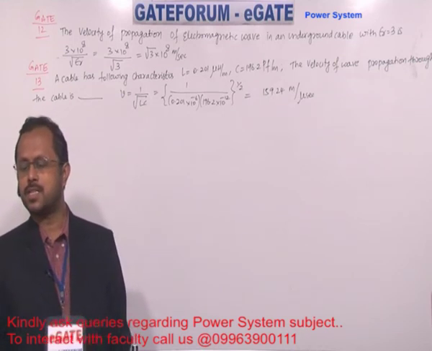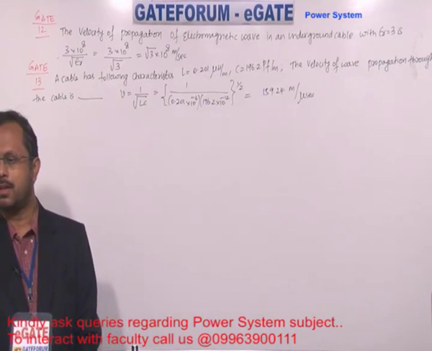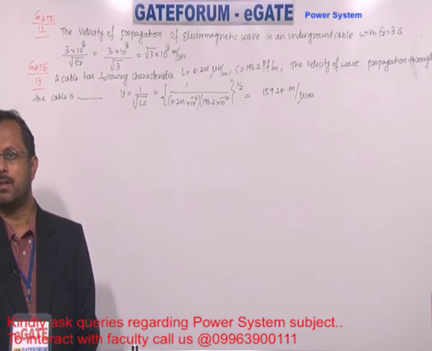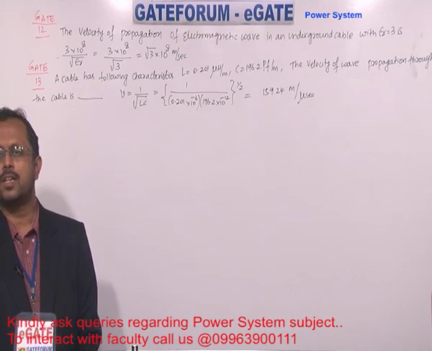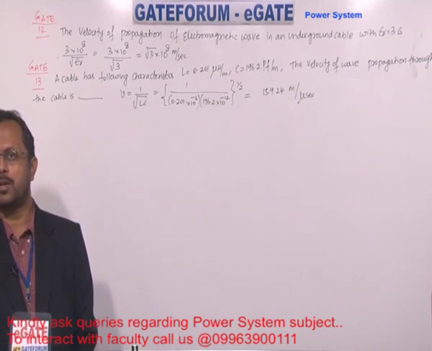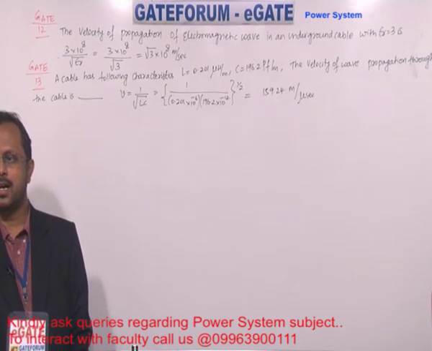Sir, if the examiner asks to find out characteristic impedance as well as surge impedance, how do we calculate? We are getting the same formula for both. No, anytime you will be asked to find only one, either characteristic impedance or surge impedance, either CIL or SIL.